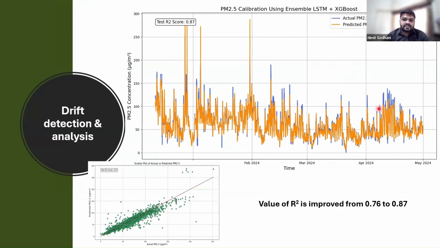But my suggestion is that after one or two years, we shouldn't continue with low cost sensors. We should replace them. In this case, we improved our R score from 0.76 to 0.87.